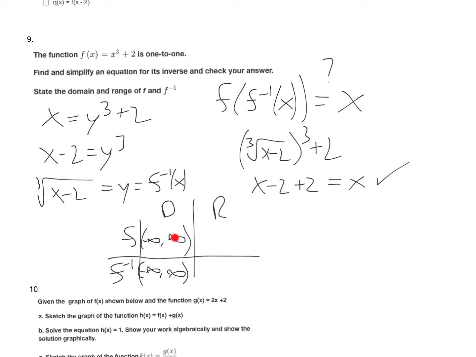So whatever's true about the x's on the original must be true about the y's on the inverse. Whatever's true about the x's on the inverse must be true about the y's on the original. So in this case, it's just all real numbers. It won't always be quite that friendly, but this time it is.